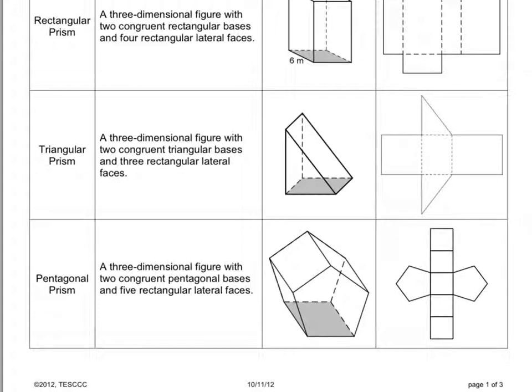So we're looking at 1, 2, 3, and then of course your 2 bases. And here's what it looks like. Okay, 1, 2, 3, 2 bases.